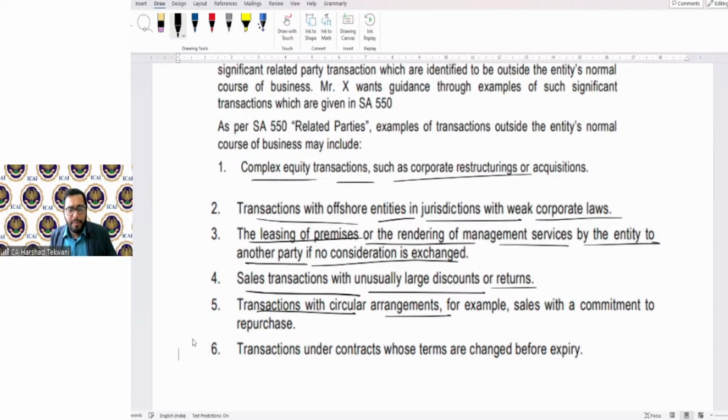Transaction with circular arrangement, for example, sale with a commitment to repurchase. Sale and lease back. Transaction under contract whose terms are changed before expiry. So these are certain complex transactions with related parties that are outside the normal course of business and that may require some additional consideration. Clear?